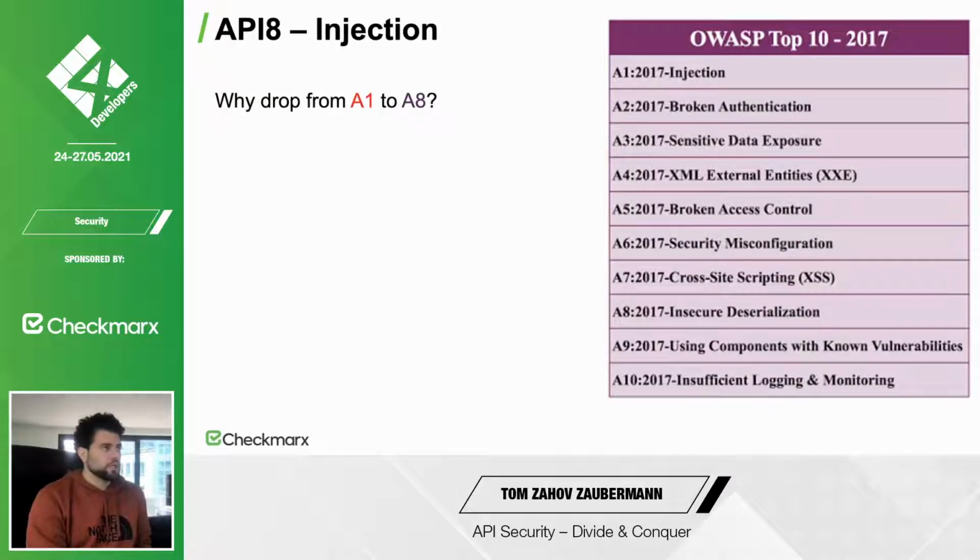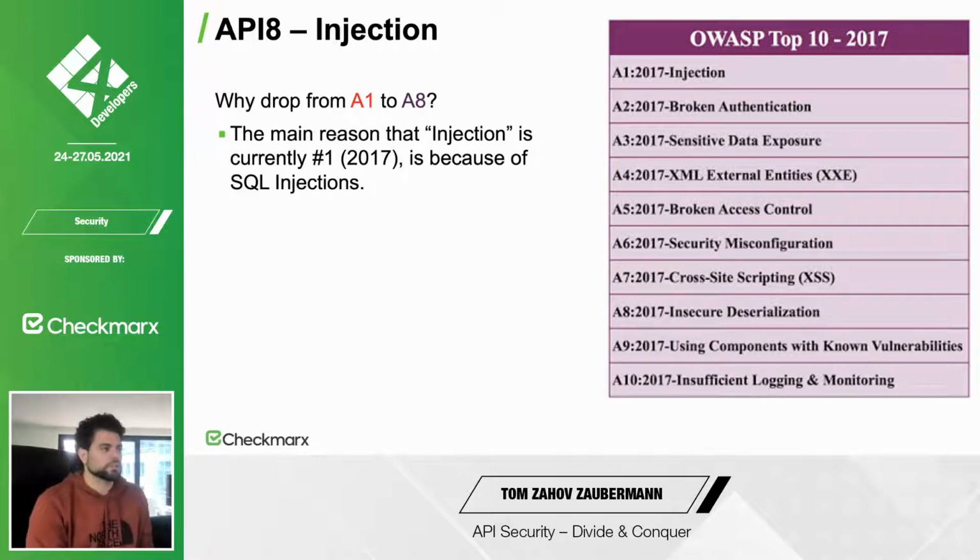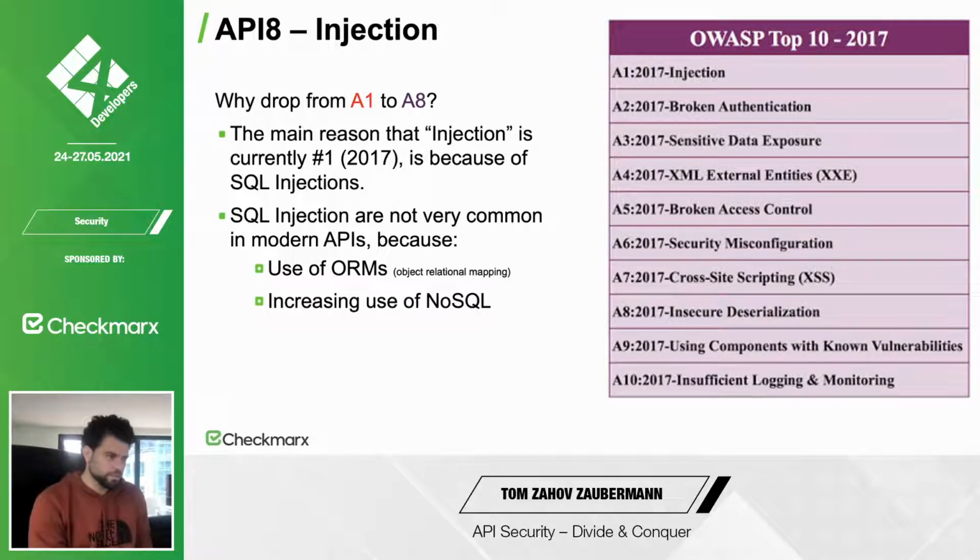I move on because of time. Injection drops from A1 to A8, as I said. Why does it drop? The main reason is that injection was #1 in OWASP 2017, because of SQL injection. It's still #1 in the OWASP top 10, but I think, if you ask me, in the OWASP top 10 2020 SQL injection is not going to be so common. Hopefully, you never know. SQL injections are not very common in modern APIs because we use object relational mapping, like JSON stuff, and with the increasing use of NoSQL, it's the same idea.